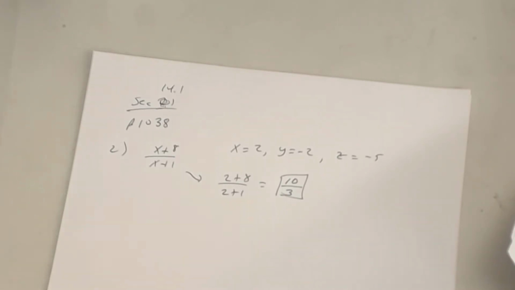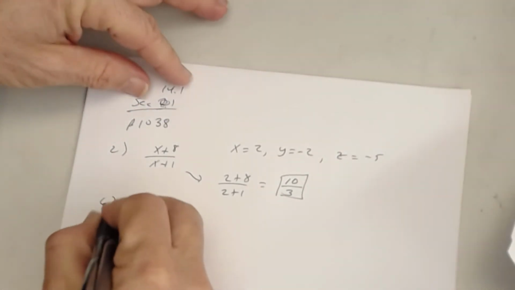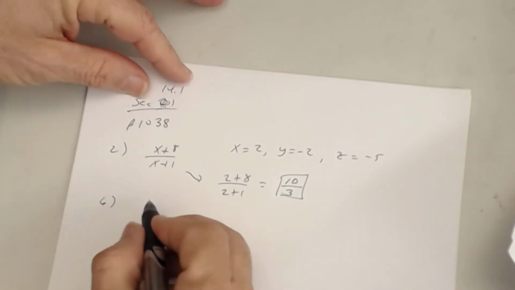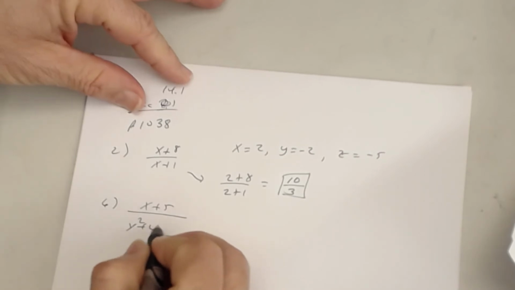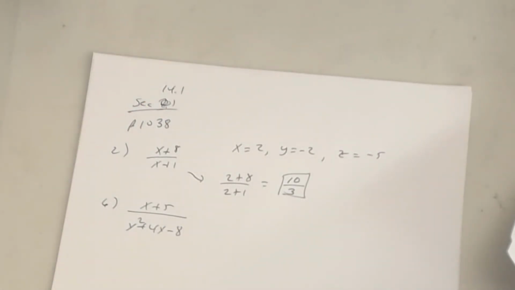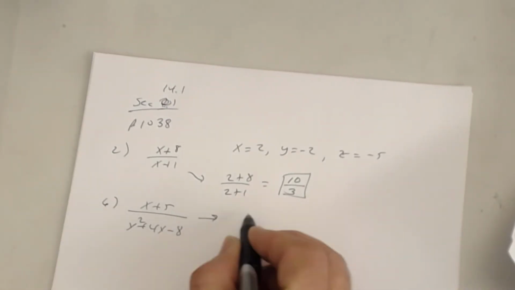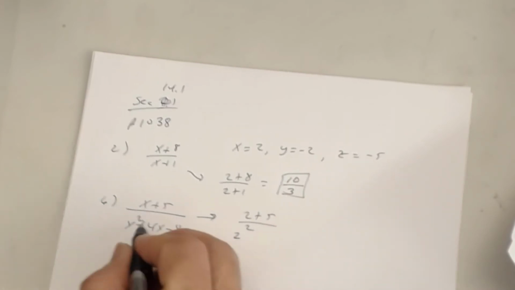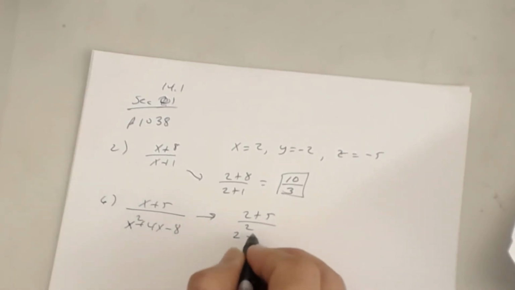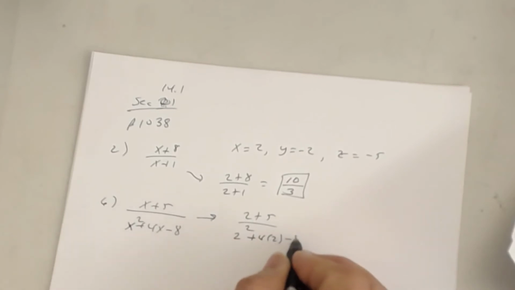Number 6. Here's the expression, x plus 5 divided by x squared plus 4x minus 8. And again, all they want you to do is find the value of that expression if you're given those values for the variables. So what's the only variable I need in number 6? X. So this is going to be negative 2 plus 5 over negative 2 squared, that's an x, plus 4 times negative 2, minus 8.